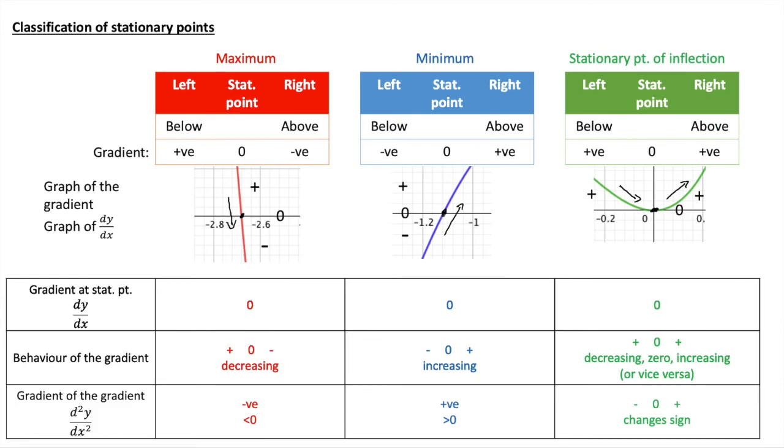So for the second derivative, or the gradient of the gradient, we had negative, then 0, then positive. Therefore, we see that d2y by dx squared changes sign. So for the stationary point, you need to establish that the second derivative is 0 at the point, but also that it changes sign, either from positive through 0 to negative, or vice versa.